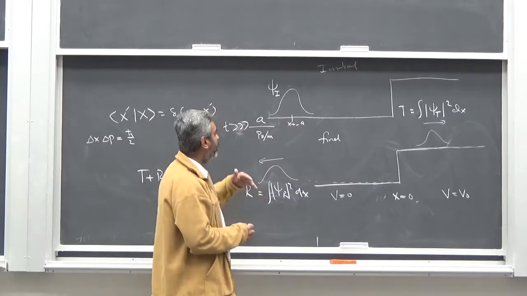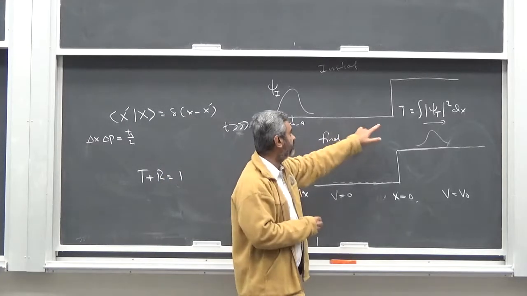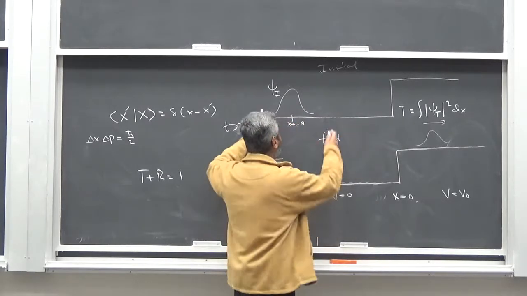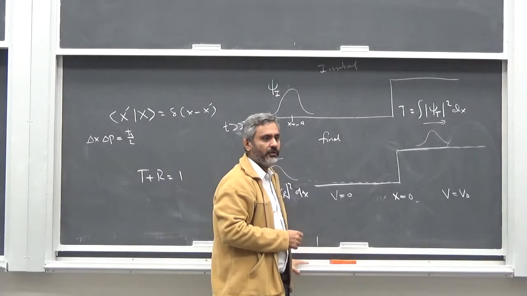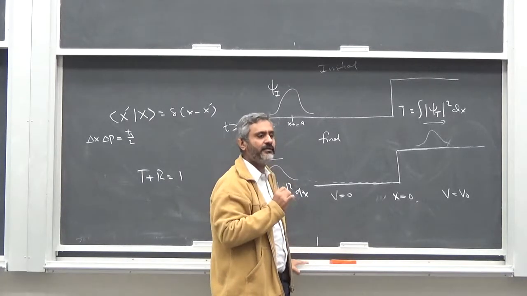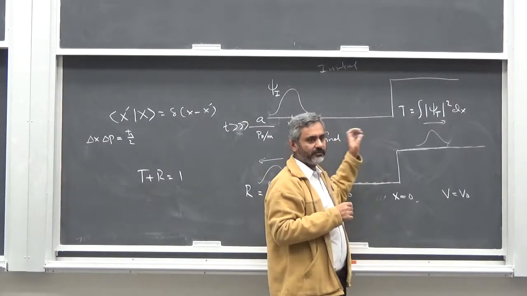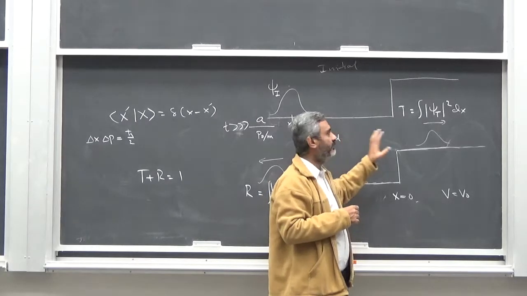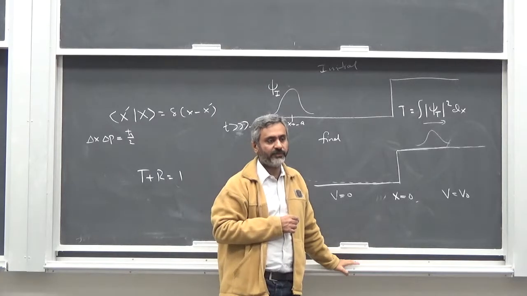But in any case, if this is, let's say, 1,000 standard deviations away from this, then all of the probabilities are just within, let's say, the first 10 standard deviations. So the particle has seen this in a very vague way, but the wave packet has still not had a considerable interaction with the target, so with the step potential.